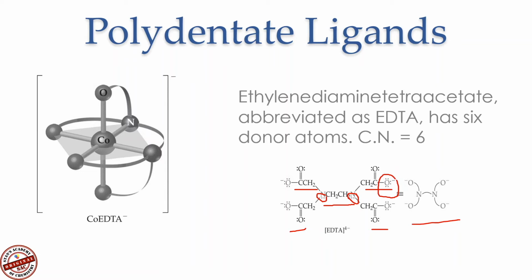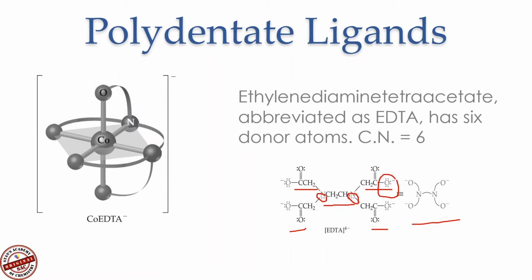Now, one of the important applications of EDTA is removing the hardness of water or estimating the hardness of water. Water can be soft water and hard water. Hard water means it contains magnesium and calcium. So this is a very good chelating agent where you can bind magnesium and calcium with EDTA and estimate the hardness of water.